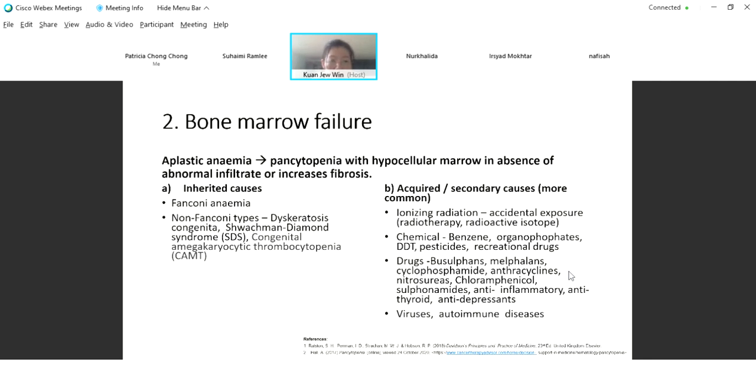So please remember, when we talk among doctors, when we say aplastic anemia, usually we are talking about acquired idiopathic aplastic anemia, whereby no cause can be found. Okay, understand? Okay, continue.